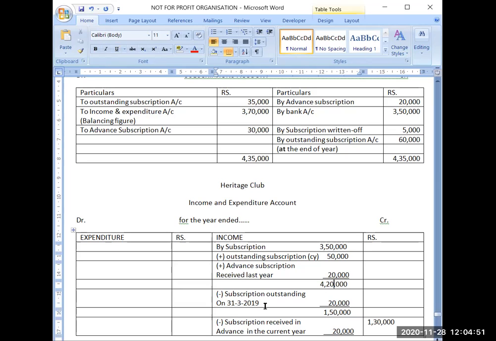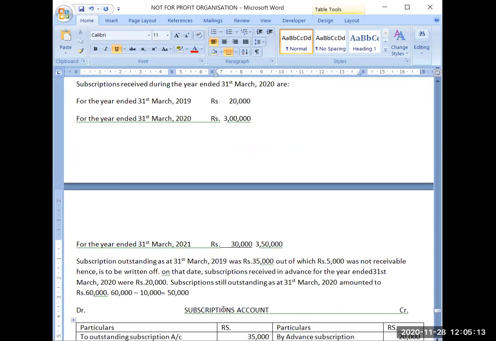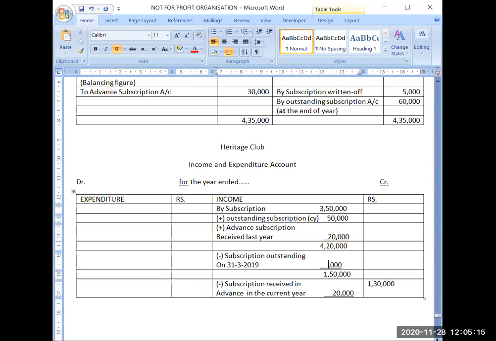Then subscription outstanding as on 31st March 19 means last year outstanding. So last year outstanding don't need to be changed. It was 35,000. But we have received only 20,000. That means 20,000 we have received for the last year. So we will be deducting that amount.